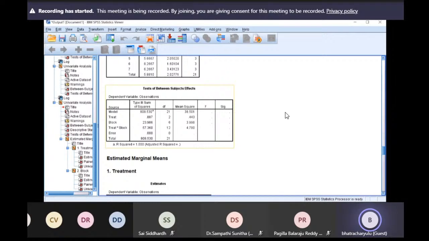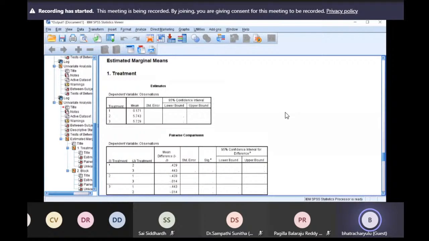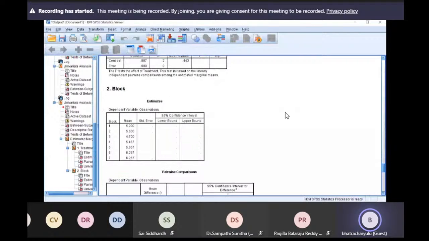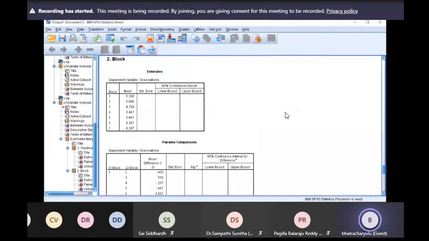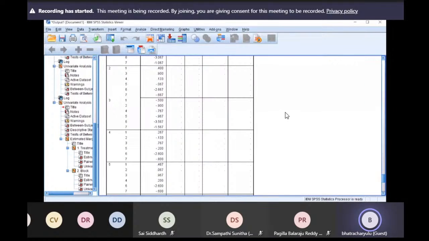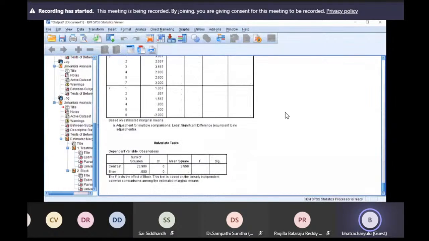Next, go down. Yeah, this is the treatment. Estimated standard error values. Go down, because I have not selected the estimates. We have not selected confidence intervals. These are also all insignificant. That's why you are not getting the values here.